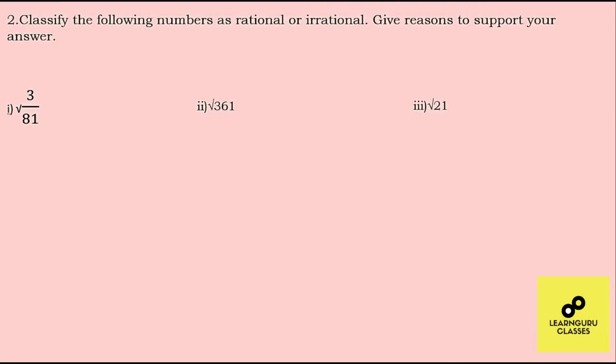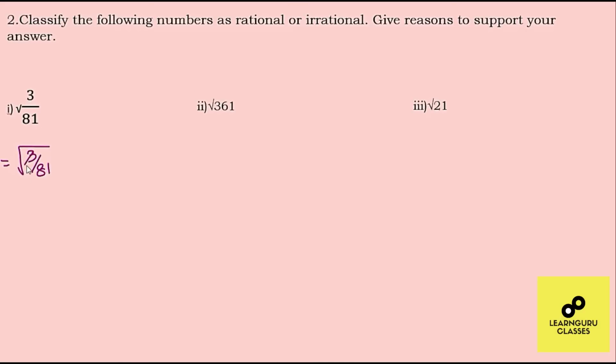The second question is, classify the following numbers as rational or irrational. Give reasons to support your answer. The first one is root of 3 by 81. Let's try to reduce this.